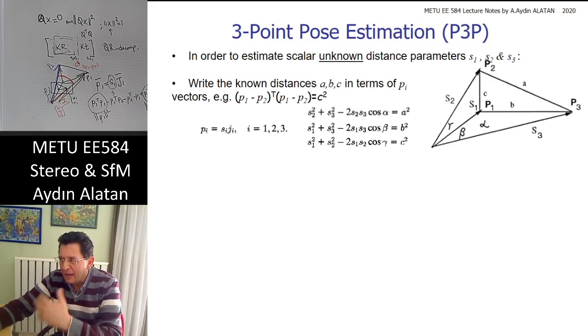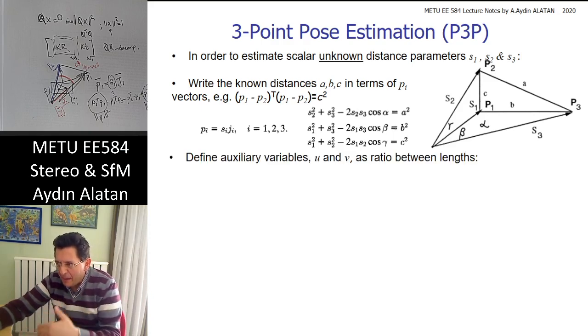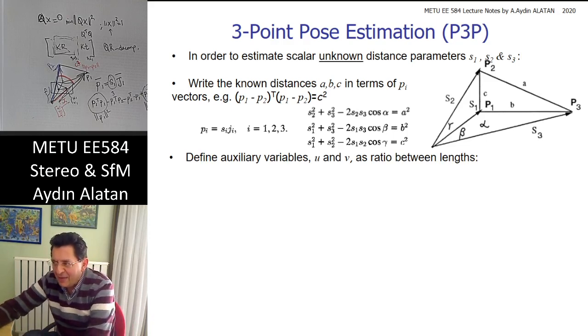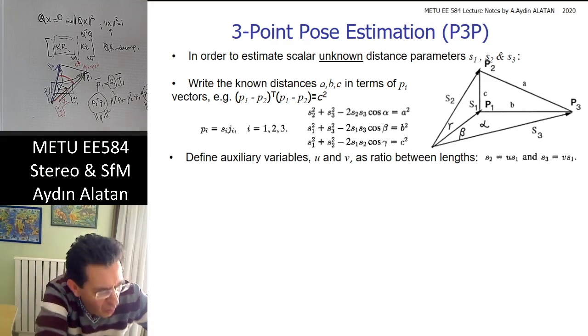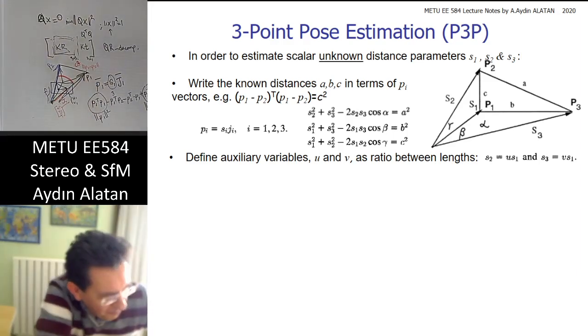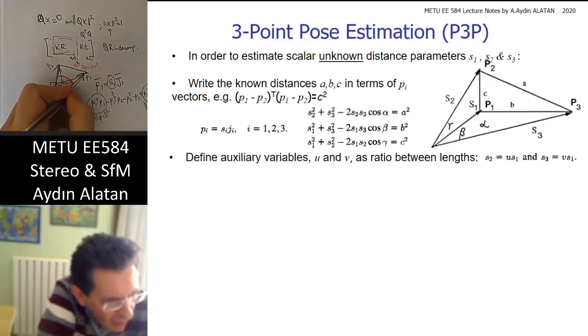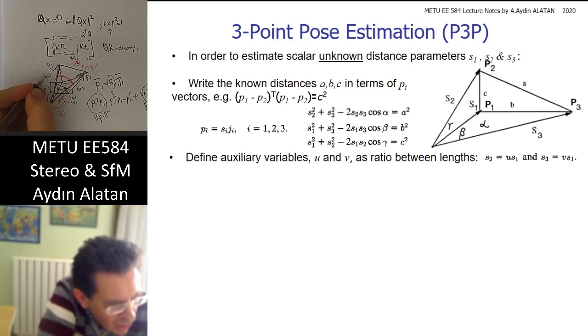Now I'm coming step by step. Note that I can define some auxiliary variables. There's a little trick here. There is an unknown length S1 here and an unknown length S2 here.